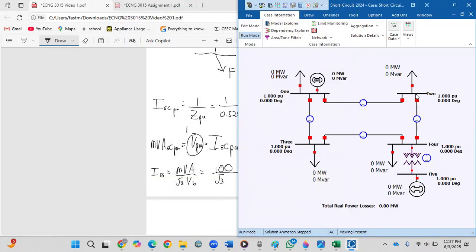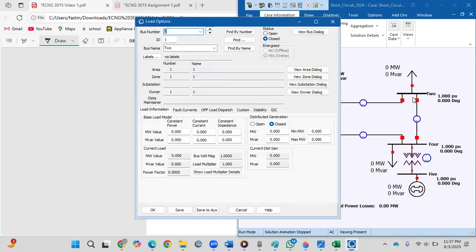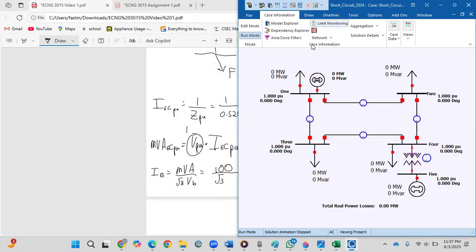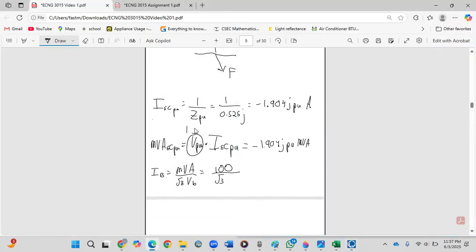So the voltage of this bus 2 will be 230, because it's a 230 rated bus. They will give it to you, most of the time you will know. But I believe this transformer is stepping down to 230 volts. So the nominal voltage of this bus will be 230 kV. So just write 230 here.